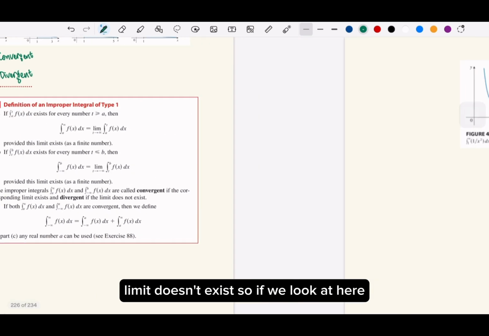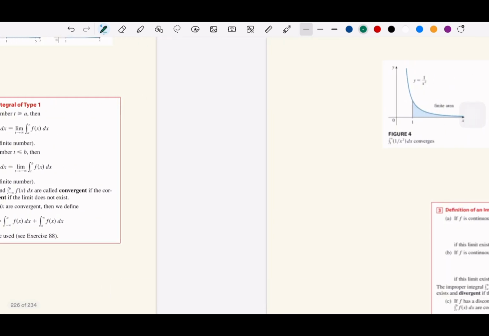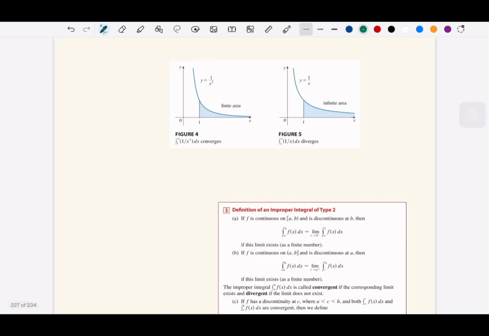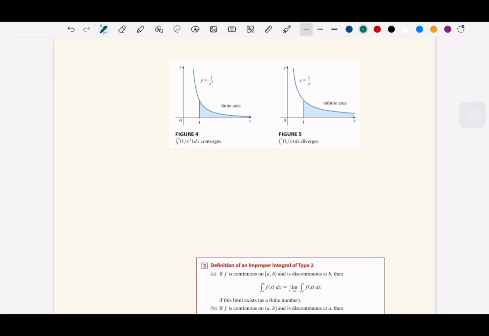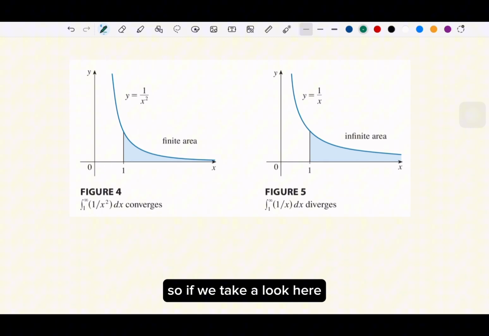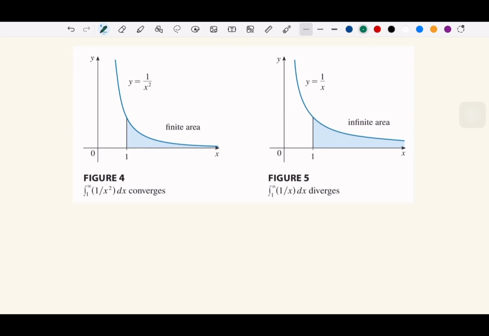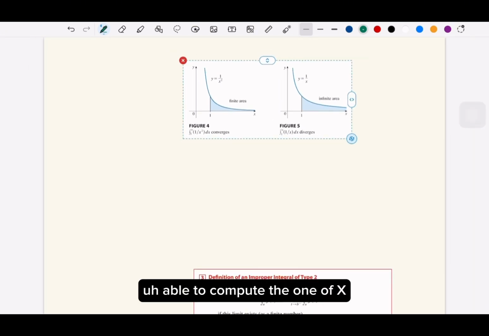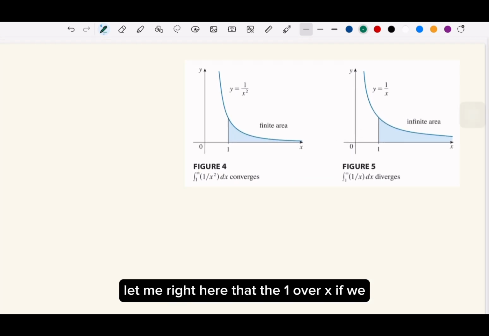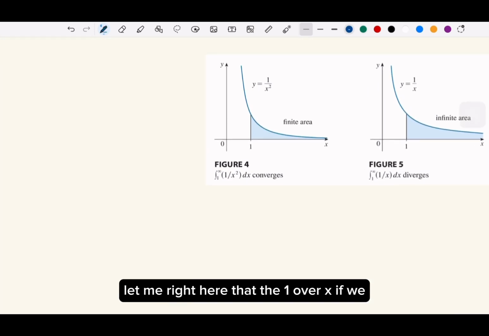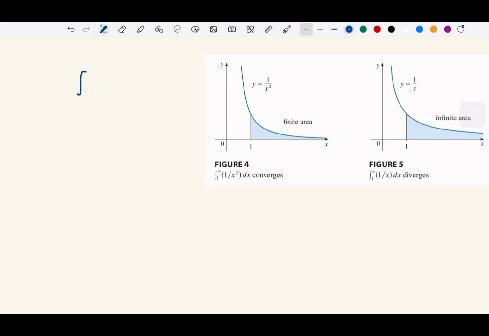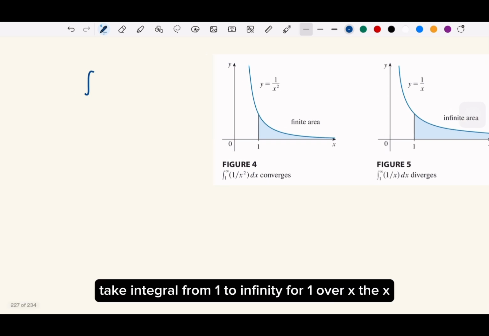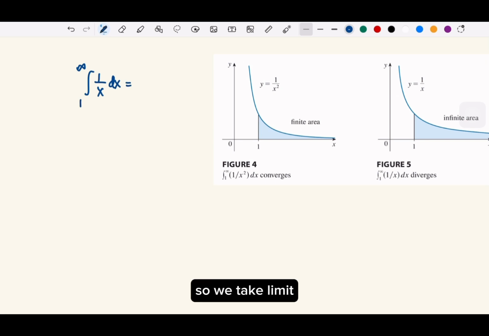So if we take a look here, just to make sure that we are able to compute the 1 over x, let me write here the integral from 1 to infinity of 1 over x dx. So we take the limit.